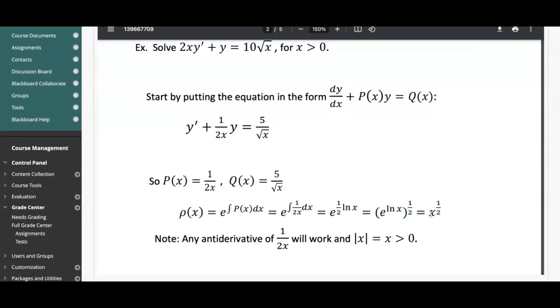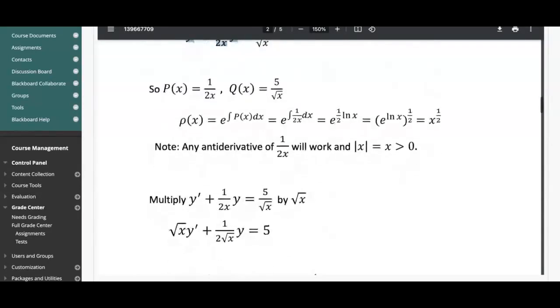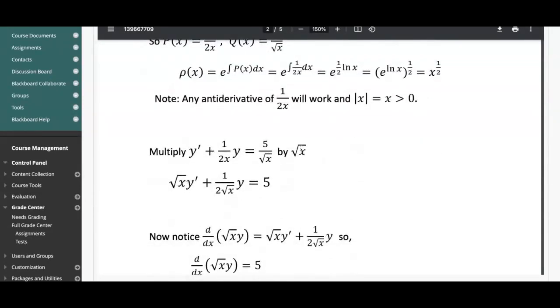Now, next step, we multiply the integrating factor with these three terms. We get square root of x times y prime plus this term equals 5. The miracle is the left-hand side is just the differentiation of square root of x times y.